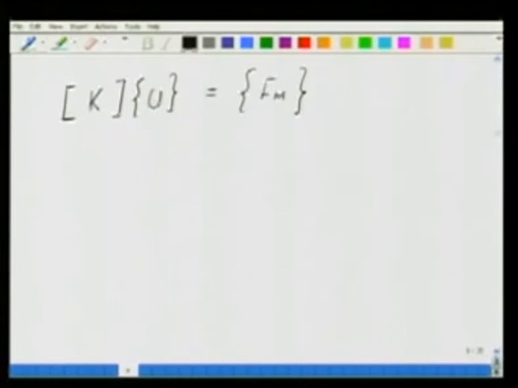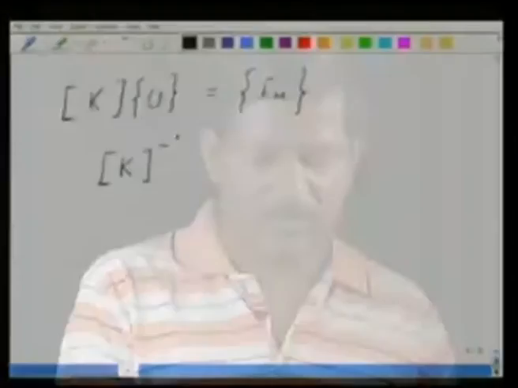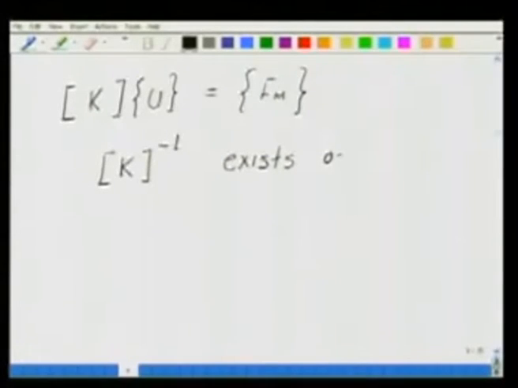Now, the question is, if I want to solve this problem, can I solve it? I have to find K inverse. Before we find that, we have to know whether it exists or not. What do you think, will K inverse exist or not? You remember that V is an unconstrained test function.